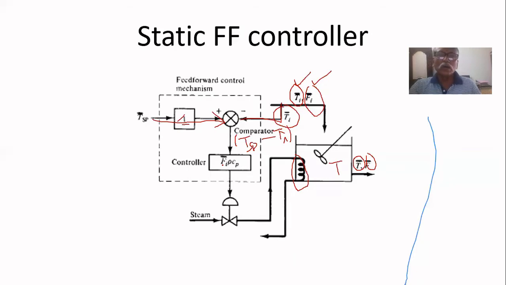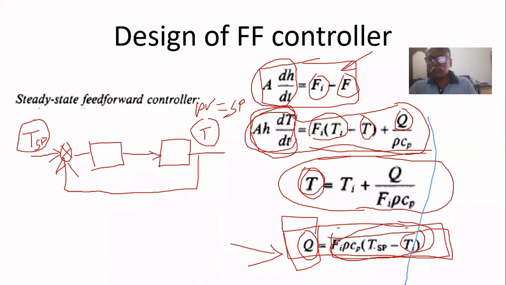So let us assume that Fi is constant. We are maintaining it constant for this disturbance. Otherwise, we would have to measure Fi and supply it here. That's not what we are doing; we are assuming that Fi is constant. For constant feed flow rate, if temperature changes, this controller works. So Fi rho Cp is mentioned here, and that is multiplied by T set point minus Ti.